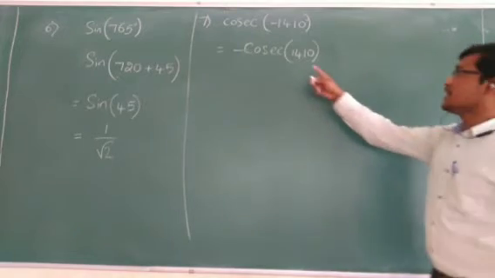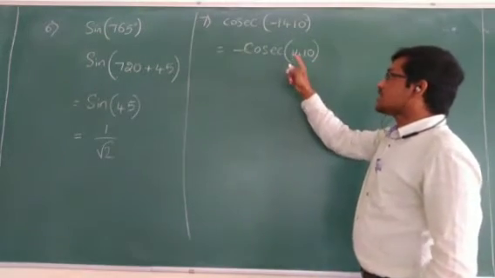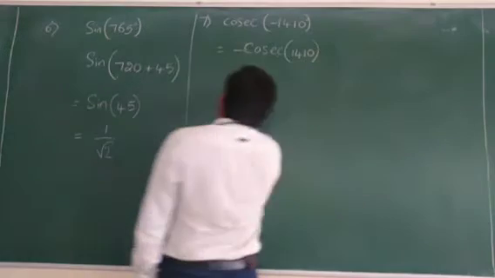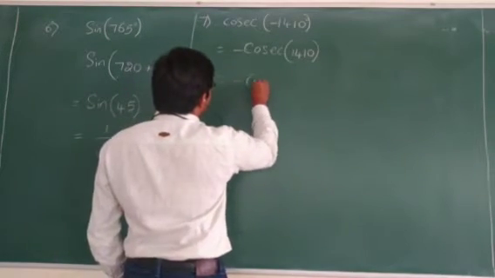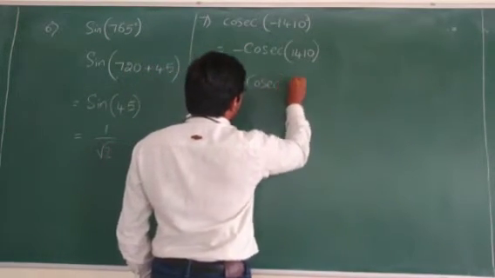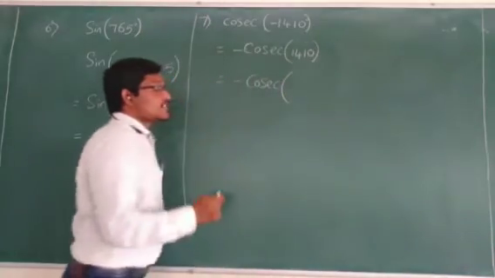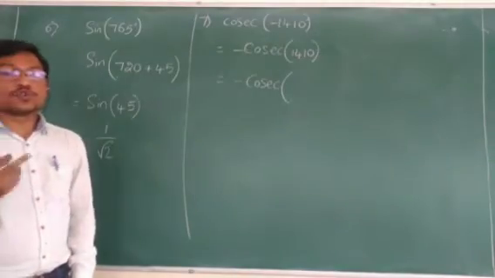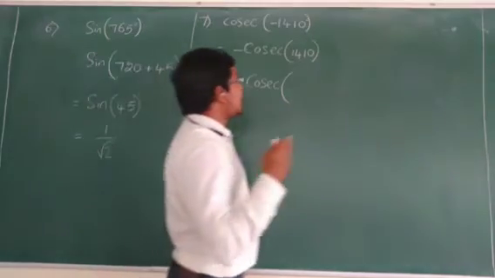Now again we write this in terms of 360 into some angle. So that will be equal to minus cosecant of 360 into 2, 720.